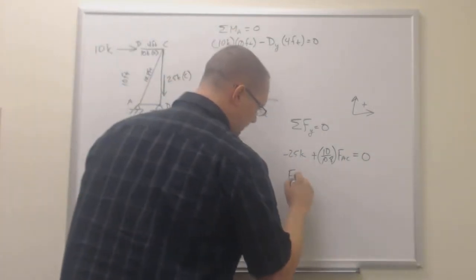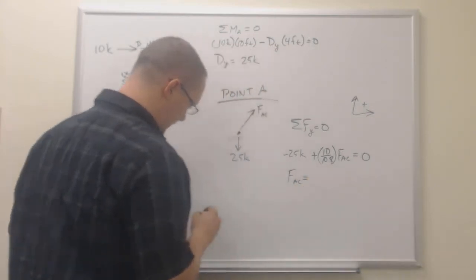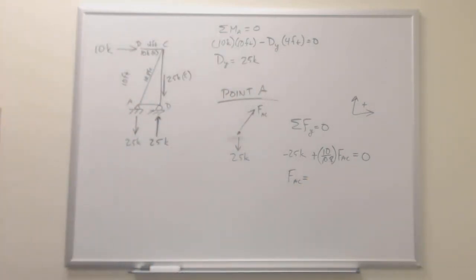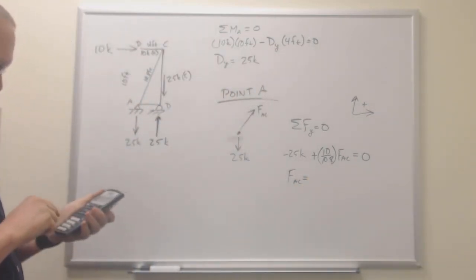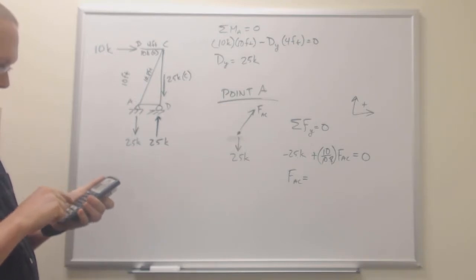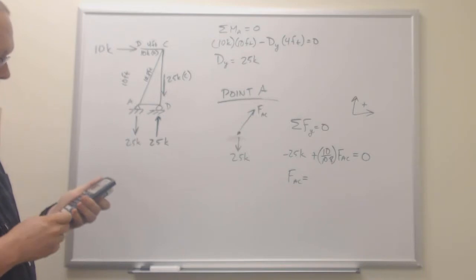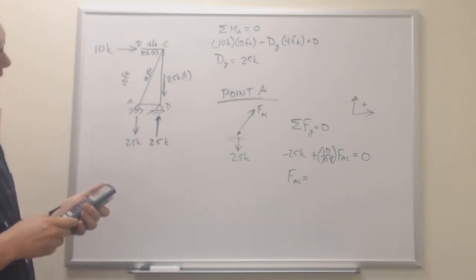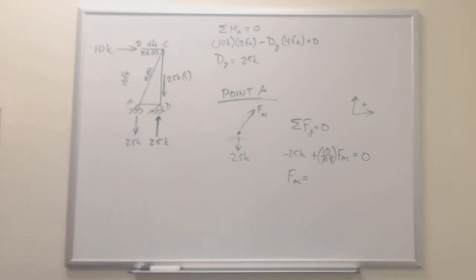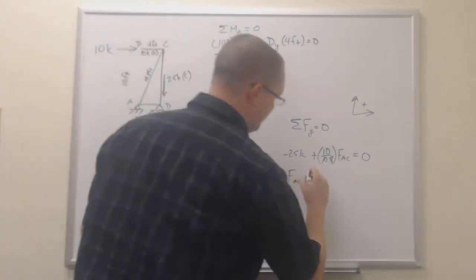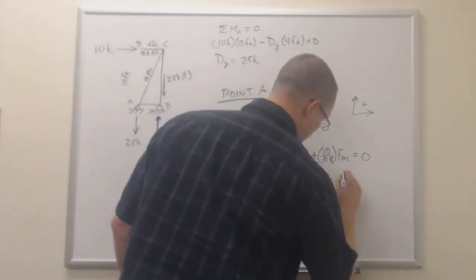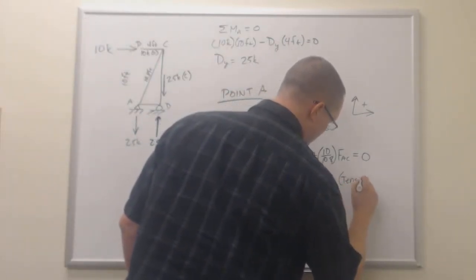So now when we solve that for FAC, we get 27 kips tension.